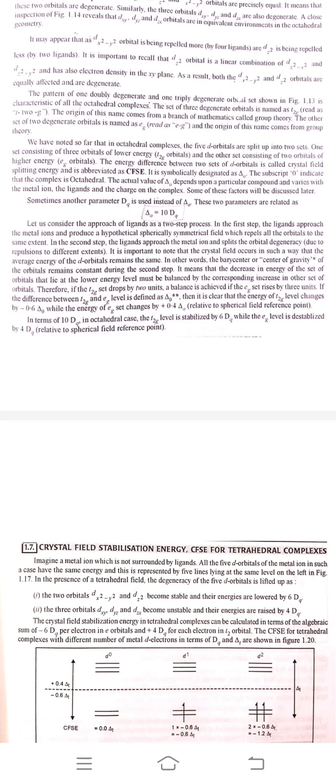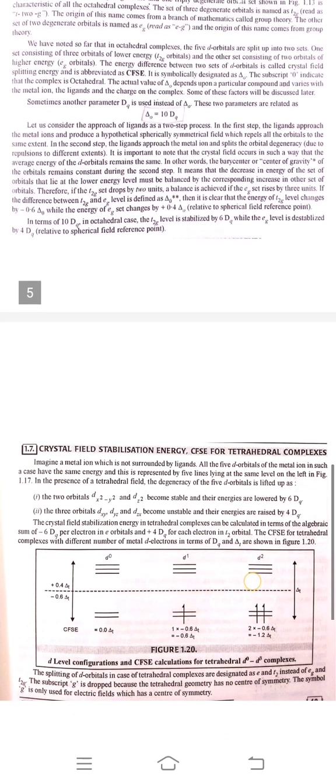It means that the decrease in the energy of the set of orbitals that lie at the lower energy level must be balanced by the corresponding increase in the other set of orbitals. Therefore, if the t2g set drops by 2 units, a balance is achieved if the eg set rises by 3 units.